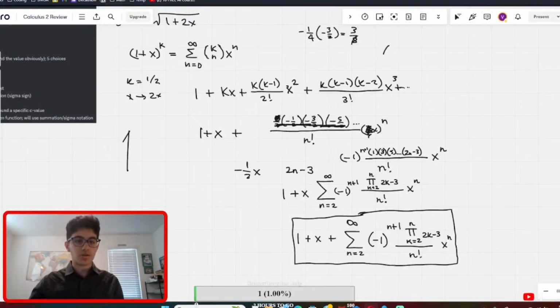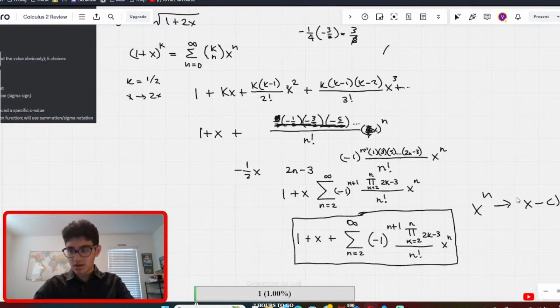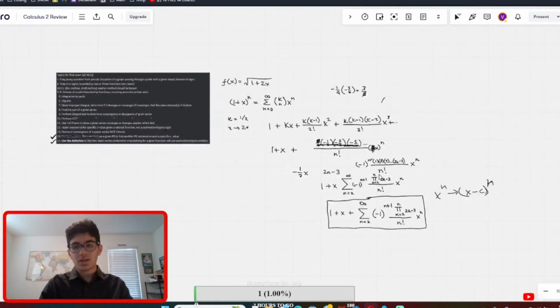This is using the binomial series theorem. Instead, here the x to the n would go to x minus c to the n, right? And then we'd use the derivatives. And similar to how we developed this formula over here, we'll have to develop a formula for that. There was another example of that somewhere, but I don't have it with me right now.